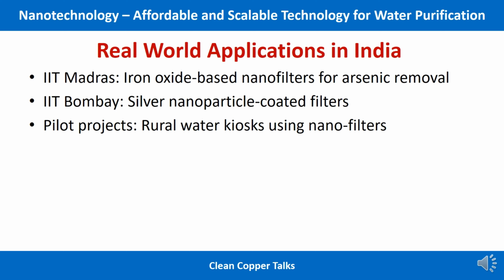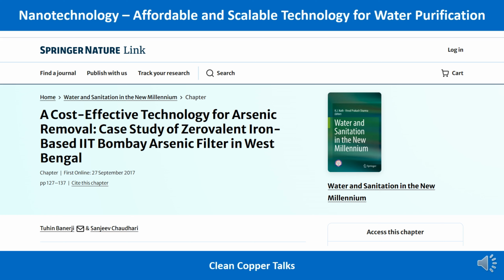Now, there are a lot of research articles around the globe, not just in India, which focus on nanofiltration or a nanomaterial as a process to remove desired contaminants, such as this article written by Sanjeev and others, which is based on a zero valent iron based arsenic filter.